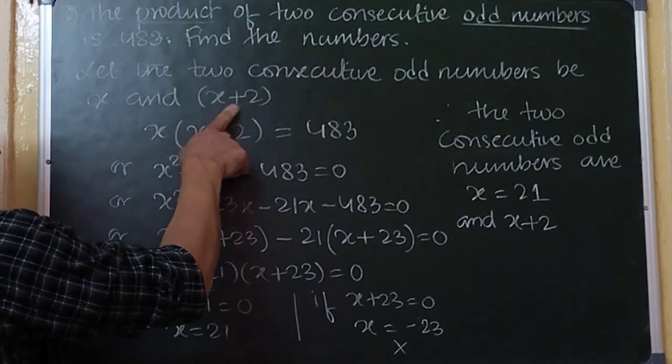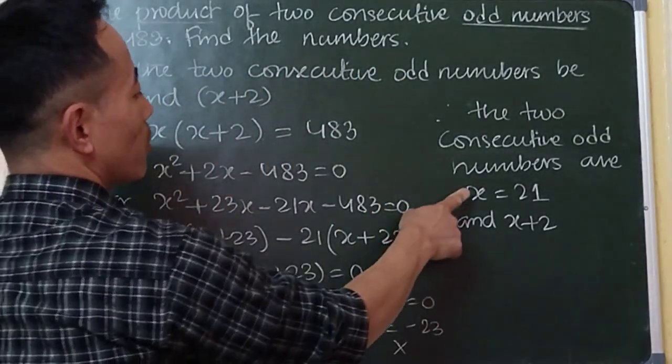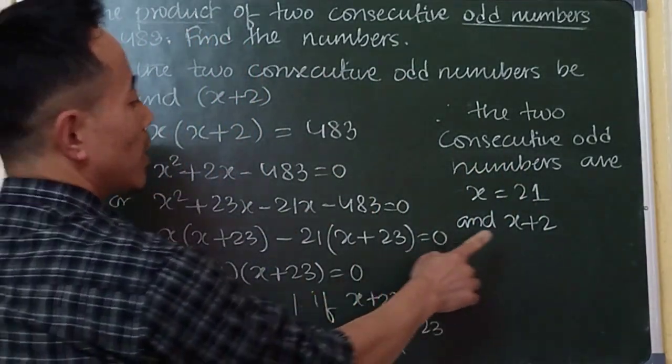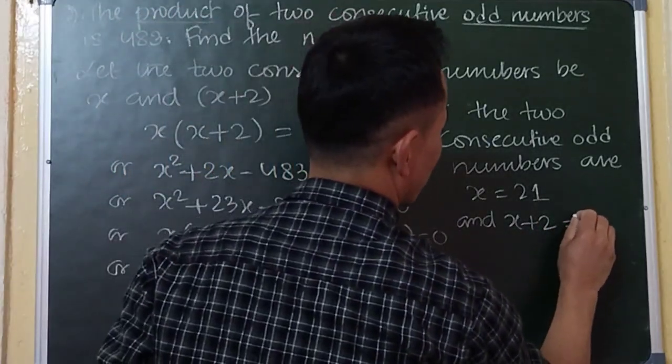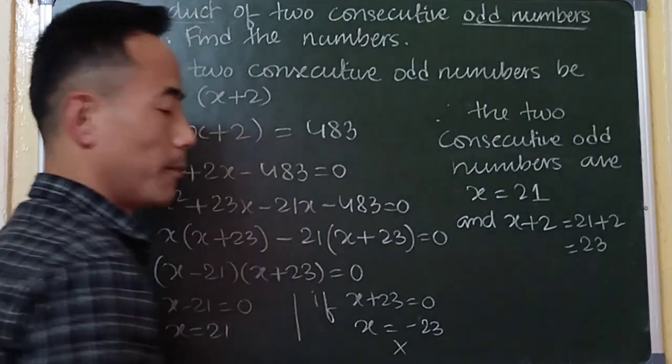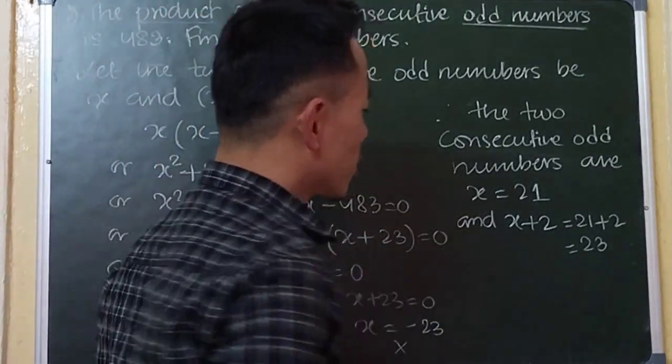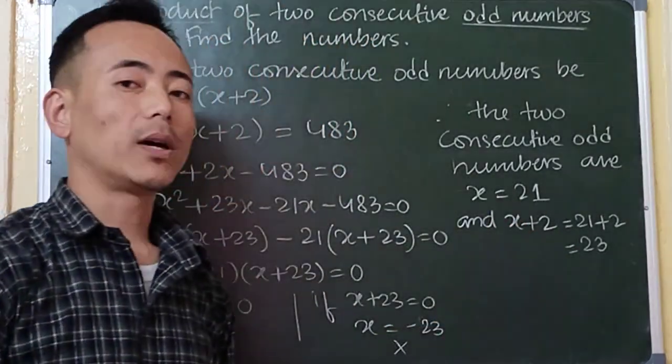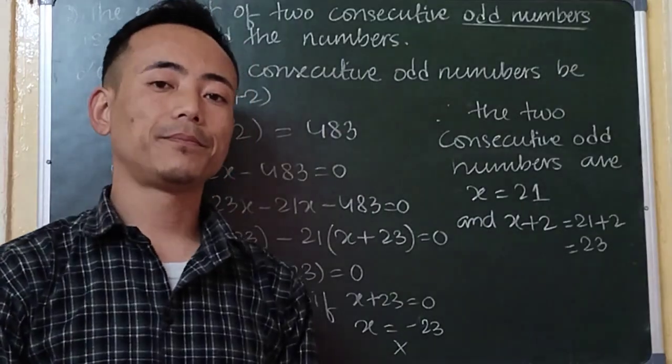So x and x plus 2 are the two consecutive odd numbers. So x is equals to 21 is the first number. Second number is x plus 2, which is 21 plus 2, and this will give us 23. So therefore, the two consecutive numbers that we are getting is 21 and 23 here.